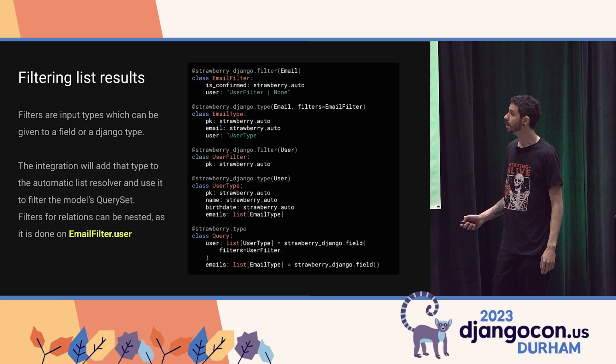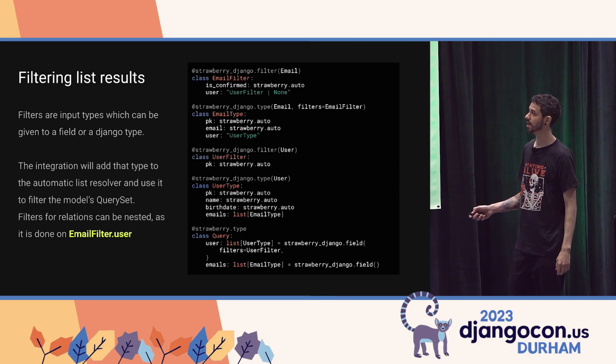What I am doing here is saying that the email filter can be filtered by is confirmed, or the user filter itself. So filters can be nested, and the user filter can be filtered by the primary key.